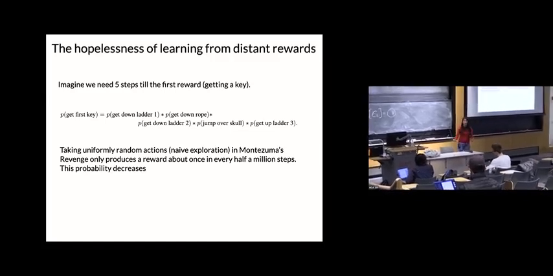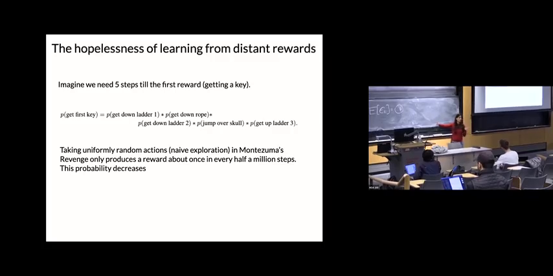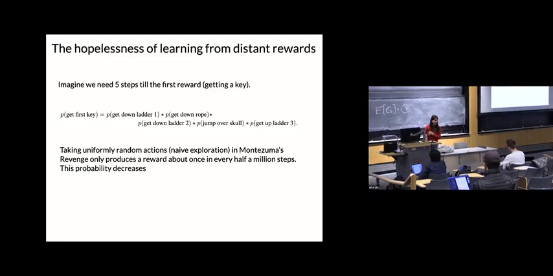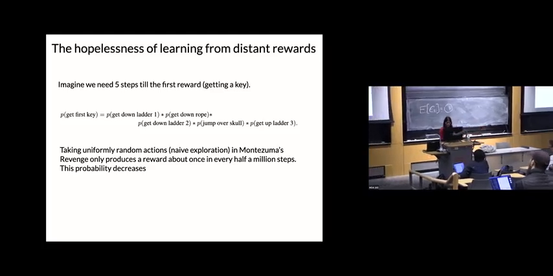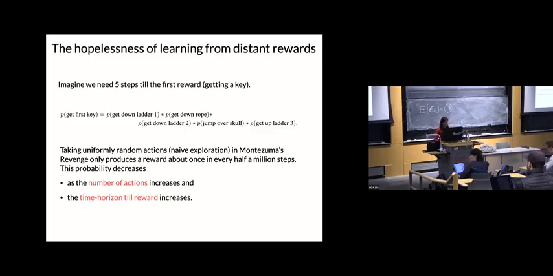So we need additional machinery that will allow us to execute long-horizon behavior, such as picking up the first key in Montezuma's Revenge. Do you understand the problem here with a naive model? As the number of actions increases and as the reward horizon increases, the probability of getting the first reward decreases.